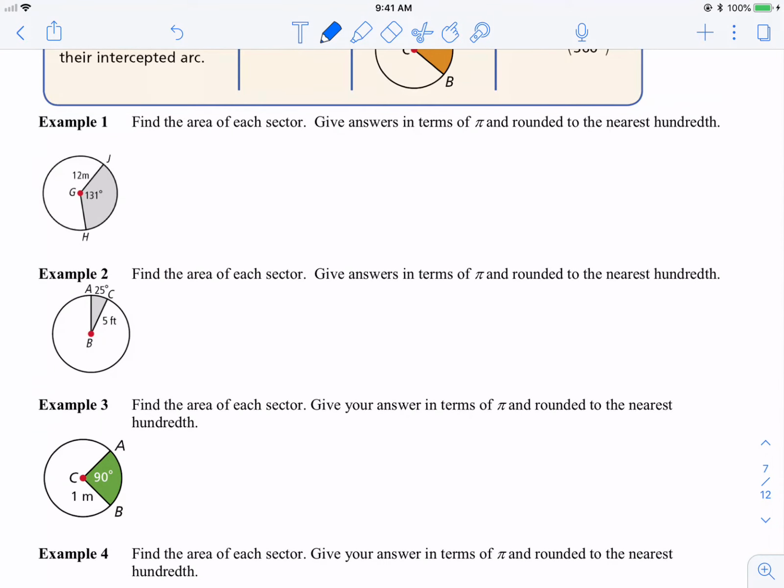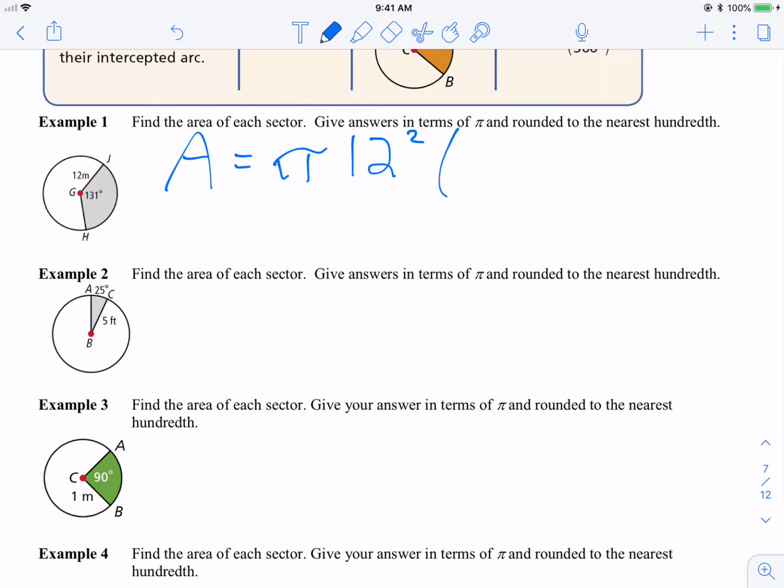So with that in mind, let's take a look at our first example. Find the area of the sector, give the answer in terms of pi, and round it to the nearest hundredth. So we have a circle with a 12-meter radius and a sector with a 131 degree central angle. For the area of this sector, as we said, the full circle's area, pi r squared, which in this case, radius of 12, so 12 squared.